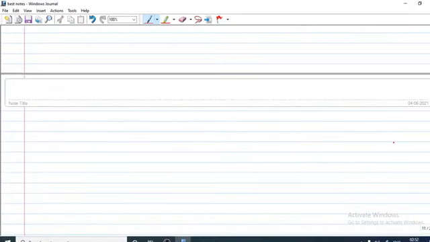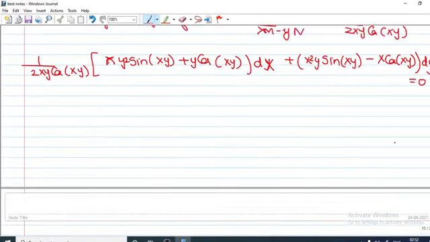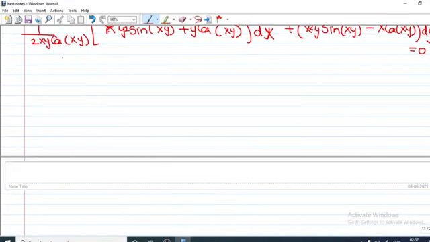Now what we can do, just forget about this 2 part, it is of no use. Just think that we have moved it that side. If we divide it by 2, what we are going to get? This will become y tan xy, right?